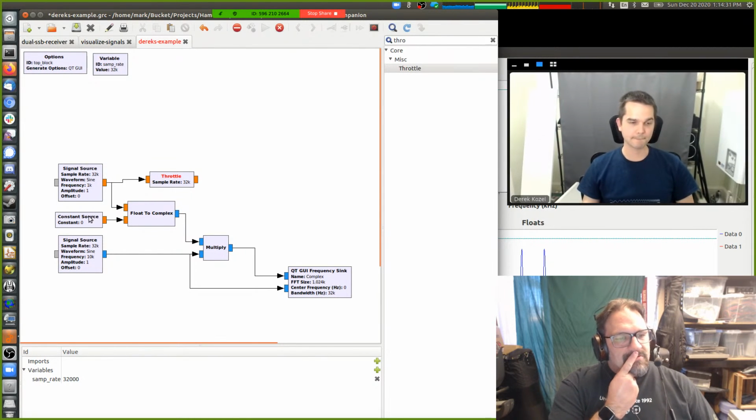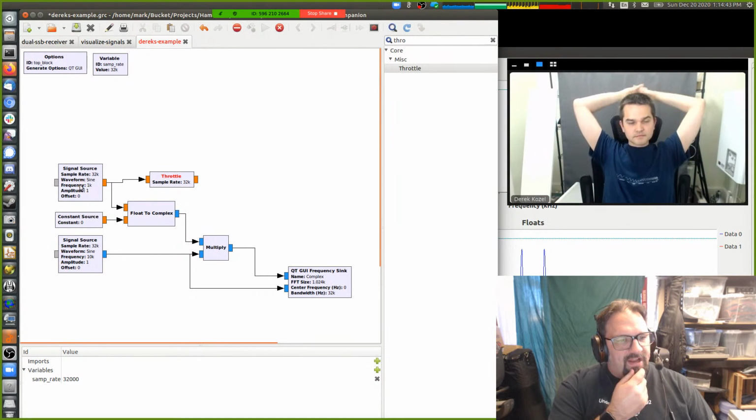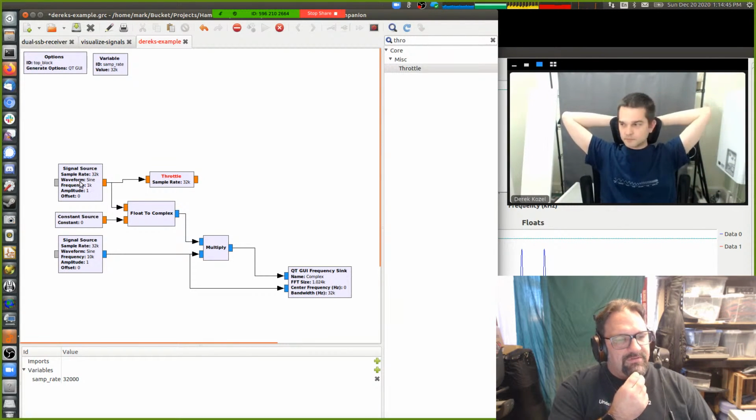Here's what I'm grappling with right now: we've got a float source that we're converting to complex, with the other side of the complex being a constant of 0. How is that still positive and negative?